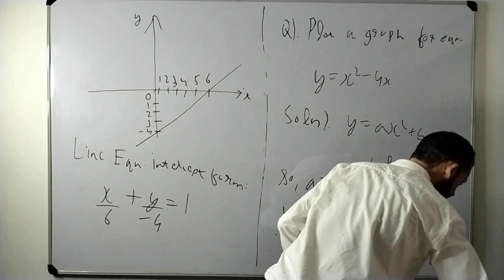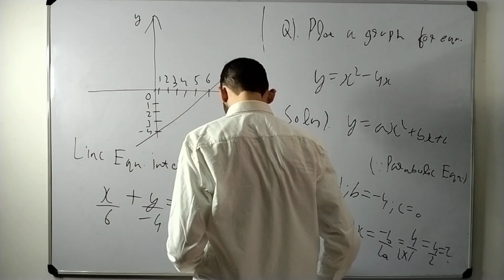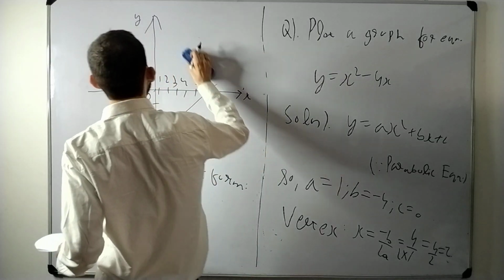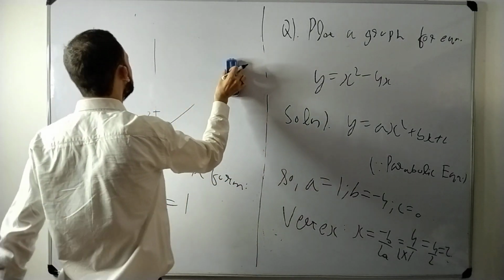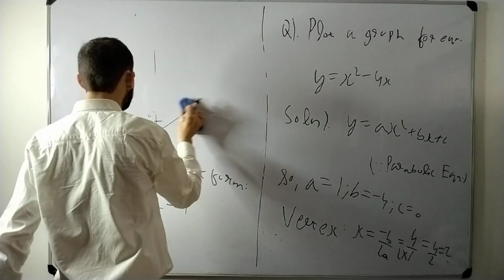So the vertex happens to be 2 on the x-axis.